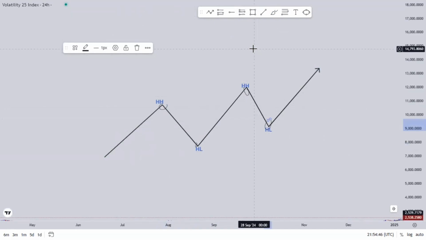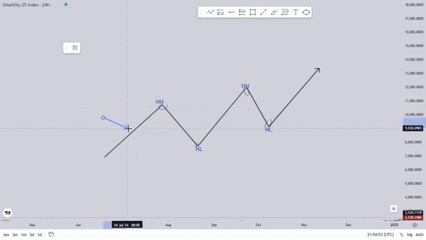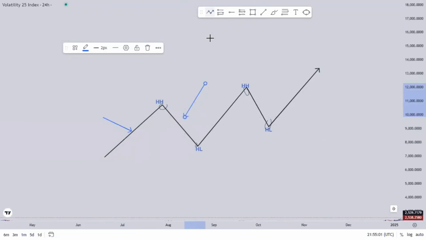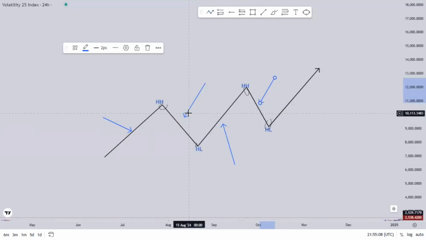This is what I like to call a swing structure, and it comprises an impulsive phase and a corrective phase. This also is an impulsive phase, and this is a corrective phase, or a pullback.